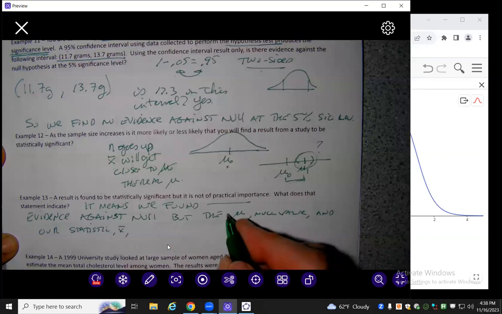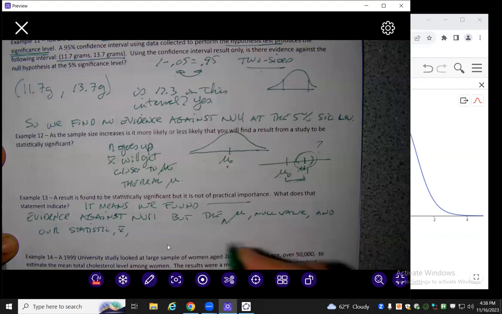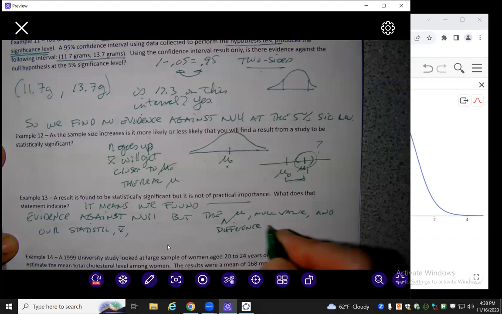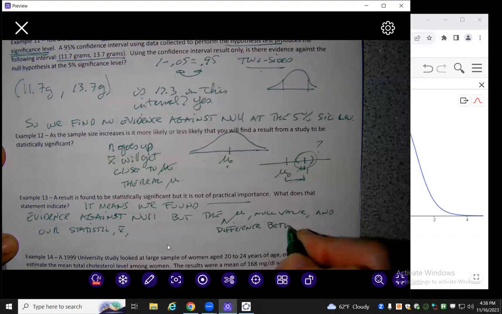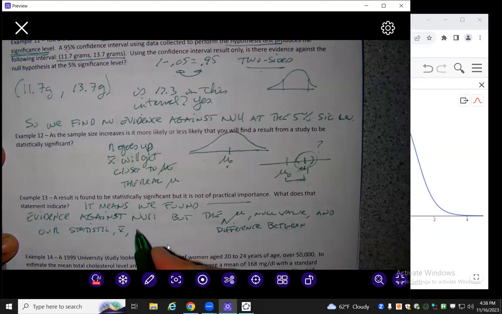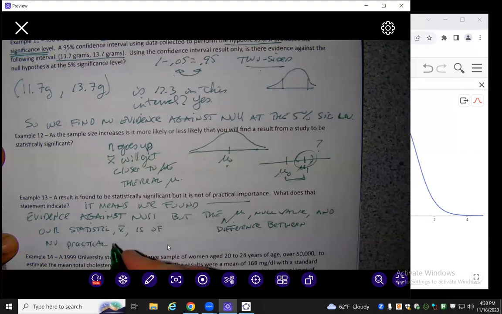Sorry, I have to interject here, but the difference between mu, the null value, and our statistic X bar is of no practical significance.